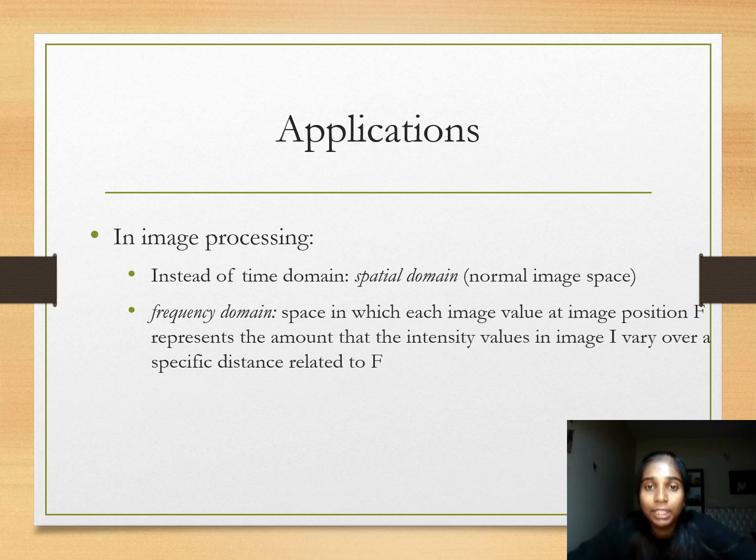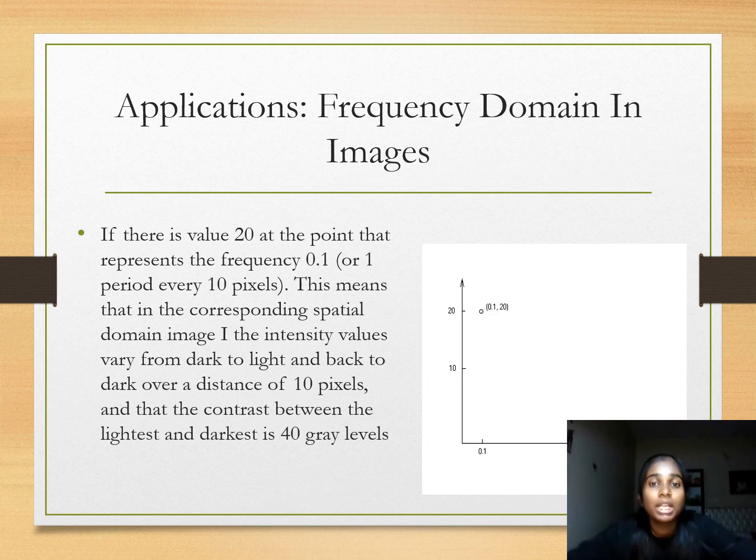Coming towards the applications of the Fourier transform, it can be used in image processing. That is, it can be used instead of the time domain, which is the normal image space, in the frequency domain space, in which each image value at image position f represents the amount that the intensity value in image I varies over a specific distance related to f.